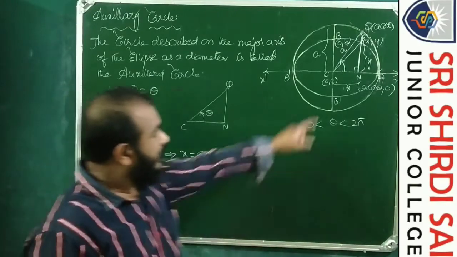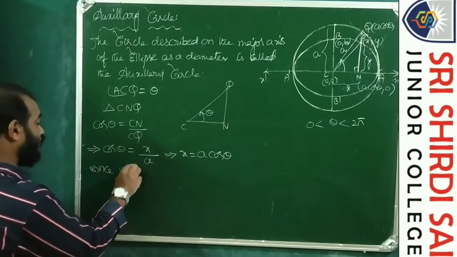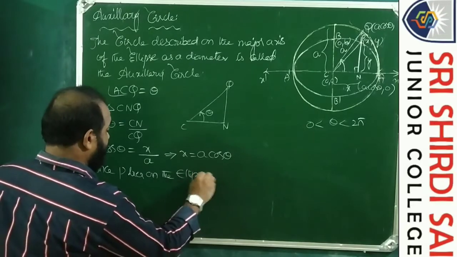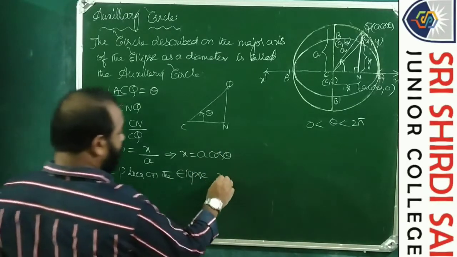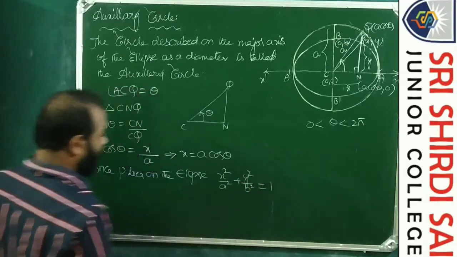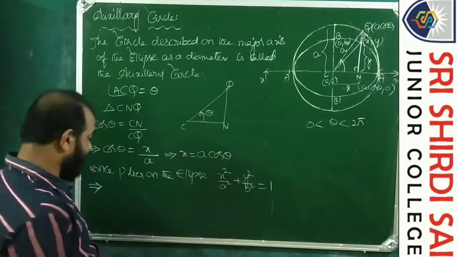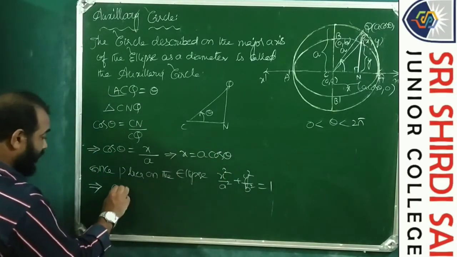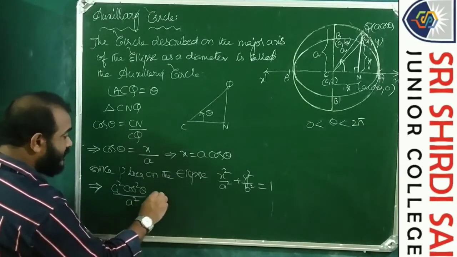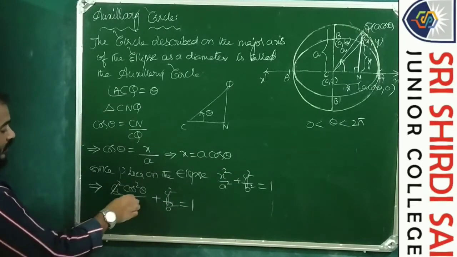Since P lies on the ellipse, x square by A square plus y square by B square equals 1. This implies the value of x is A cos theta. Substitute in this: A square cos square theta by A square plus y square by B square is equal to 1. A square gets cancelled.